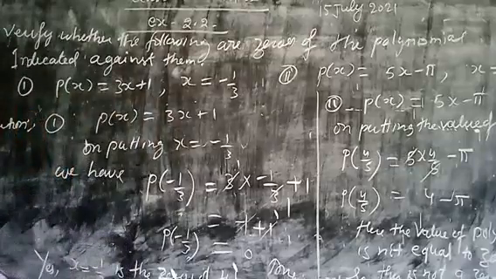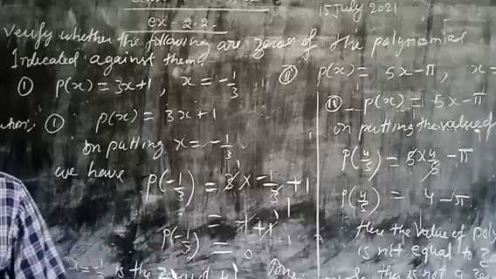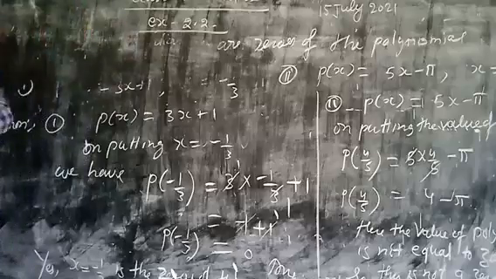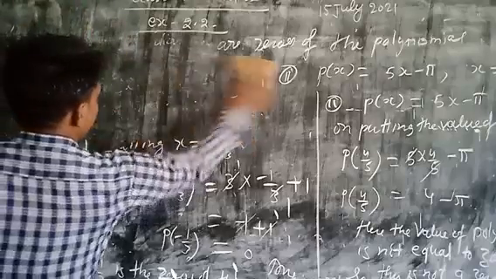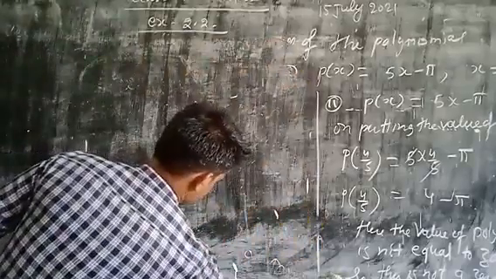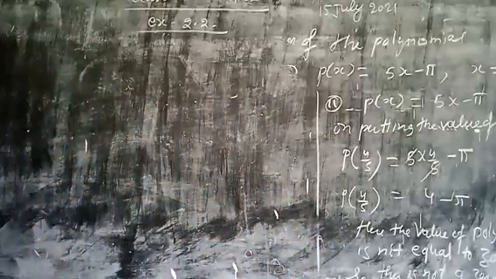We will come to the next question, that is question number 4. In this question, find the zero of the polynomial in each of the following cases. Okay, now look at question number 4.